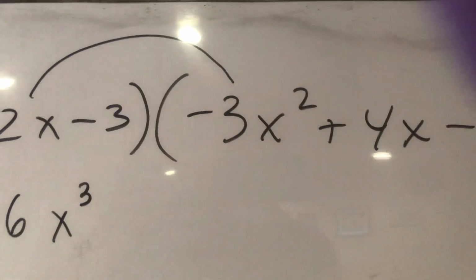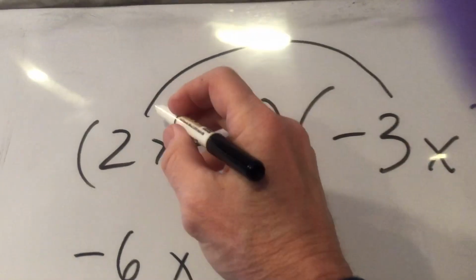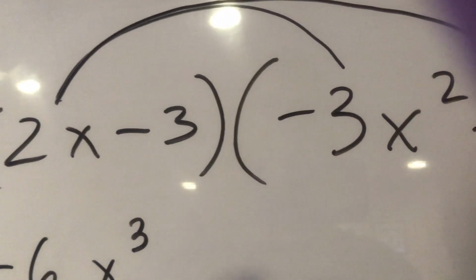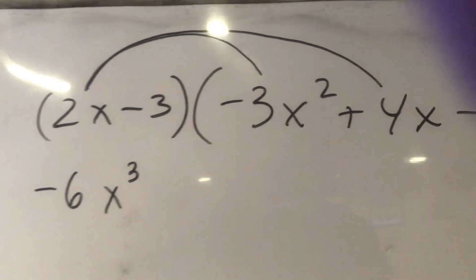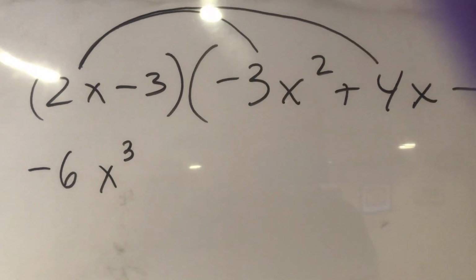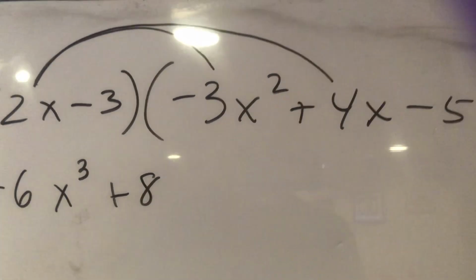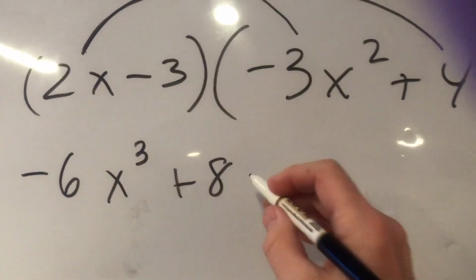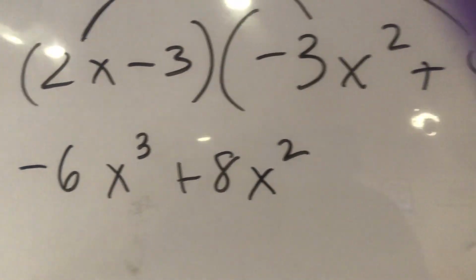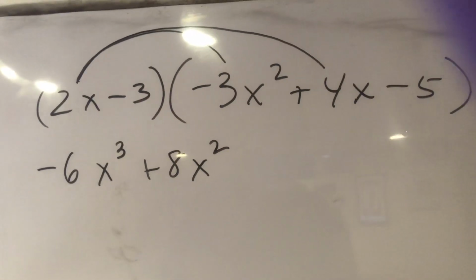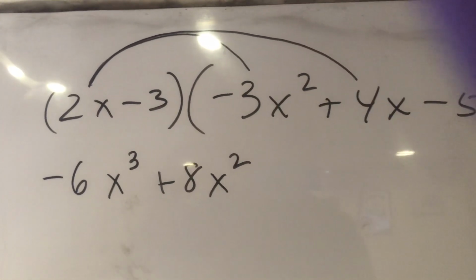Does everyone see that? Next, 2x times 4x, so 2 times 4 is 8, plus 8, and then x times x, x squared. Got it? And then what do you think's next?